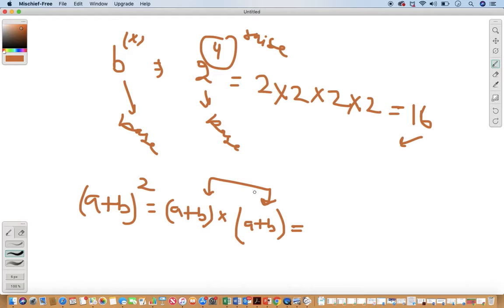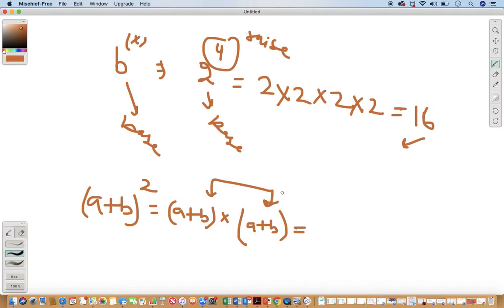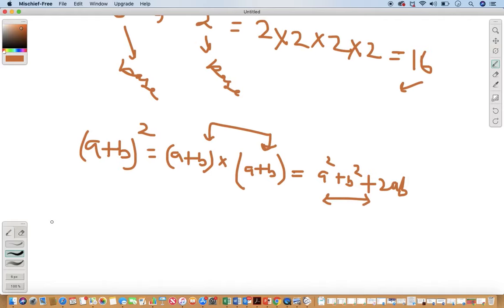I don't want you lost, because I want you to understand what exponents are. I know it comes out to be a square plus b square plus 2ab, and that's your answer. But you will ask how you get it. We will discuss that later. Let's not get into that.